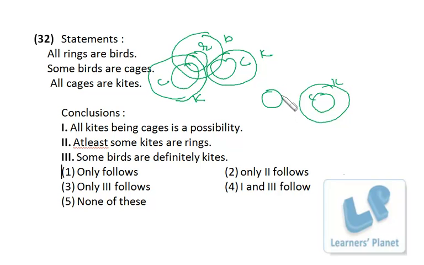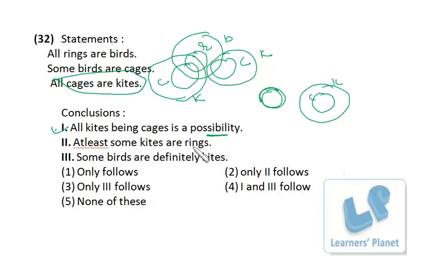Where all cages are kites is a possible diagram, and two overlapping circles of cages and kites, that is also a possibility. So here they are talking about a possibility. We are not sure, but that is a possibility. So all kites being cages is a possibility that can be interpreted from this statement as well. So this is correct, because here we are talking about just possibility.